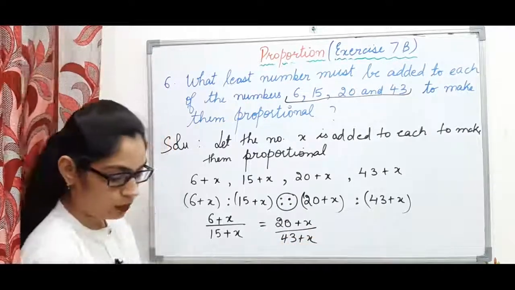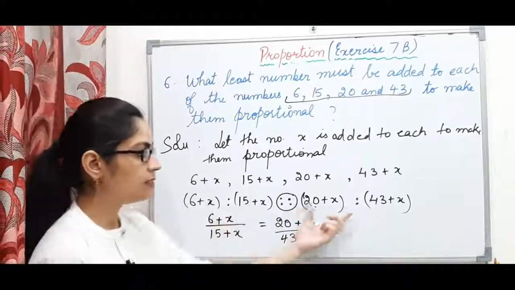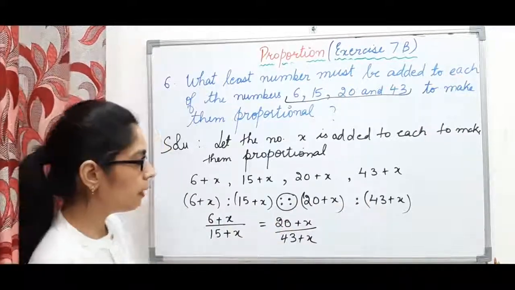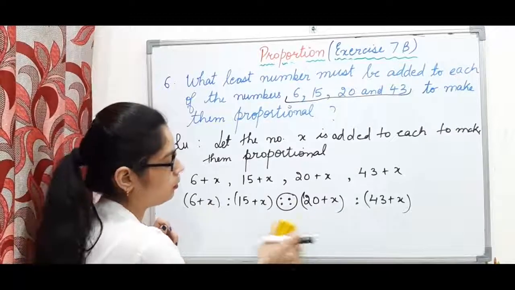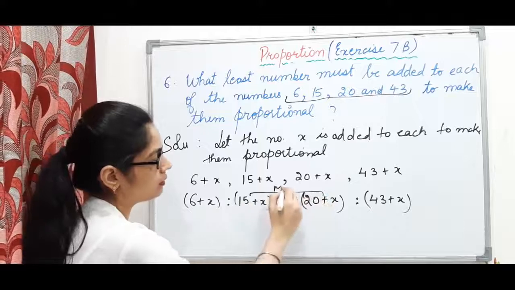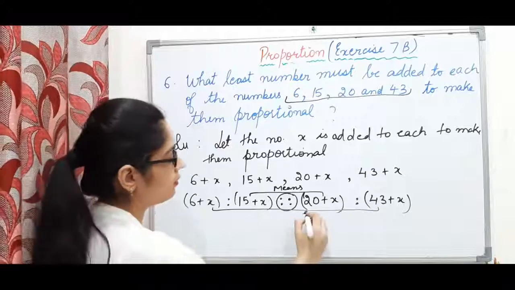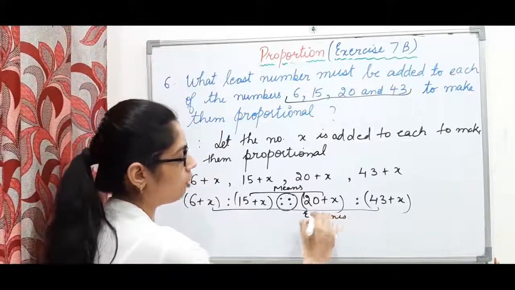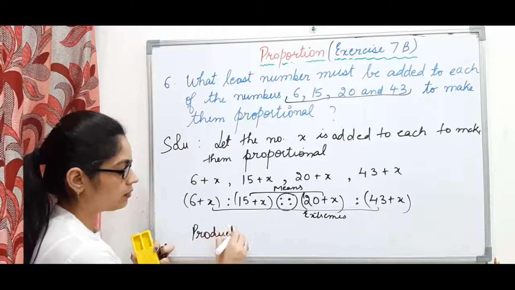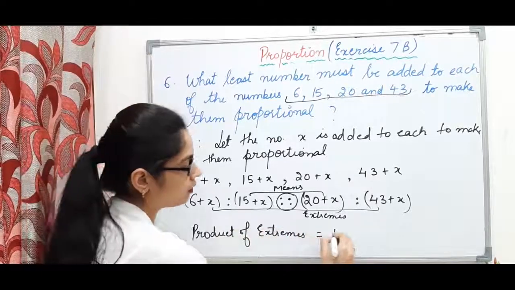Or what we can do, we know when the 4 quantities are proportional to each other, the direct formula also, if you want, you can apply. These middle ones, these two, are the means, and the last outer ones are the extremes. I have given you one formula, that the product of extremes is equal to the product of means.